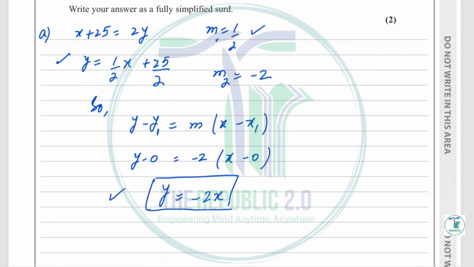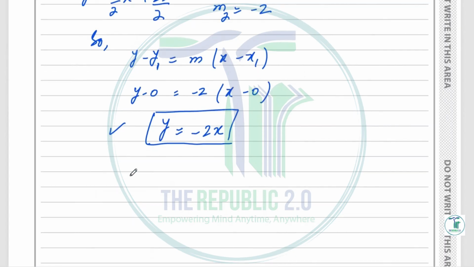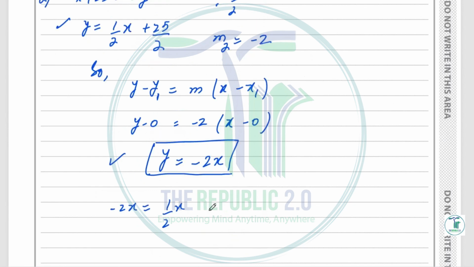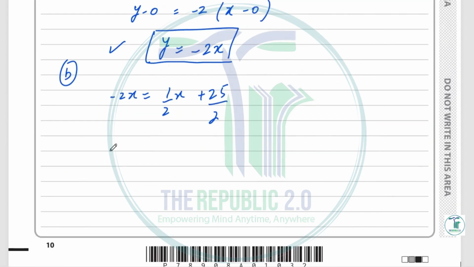I'm just going to equate them, and I've got negative 2x equals 1 by 2x plus 25 divided by 2, right? I'm just going to solve this equation to get the value of x. So negative 2x equals 2x plus 25. I'm going to multiply 2 on both sides.